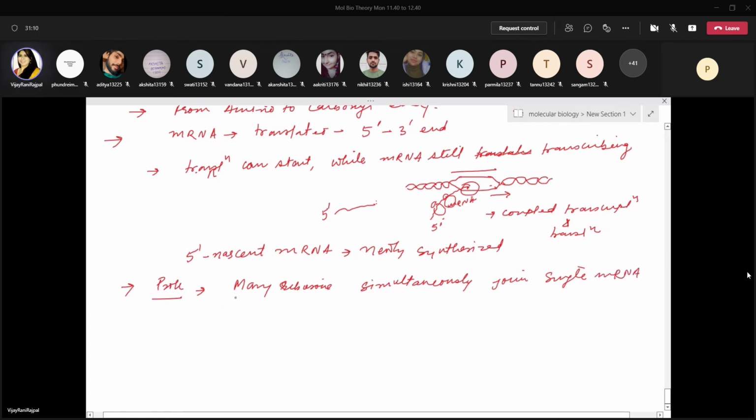So many ribosomes will simultaneously join a single mRNA molecule, and they will go on translating it. This happens to increase the efficiency of translation or mRNA utilization.